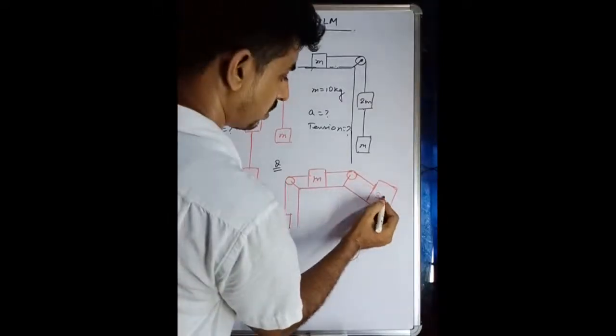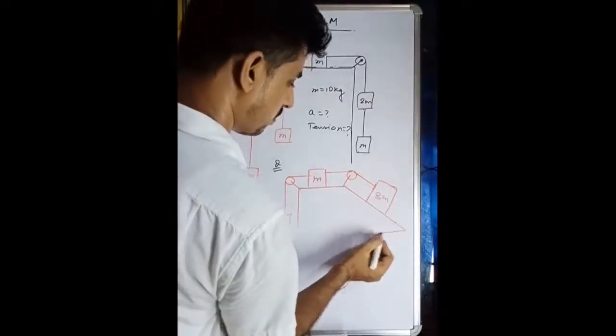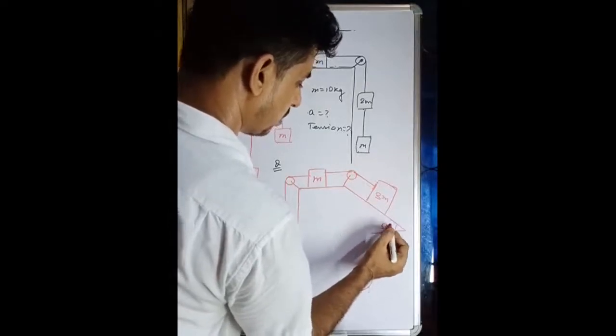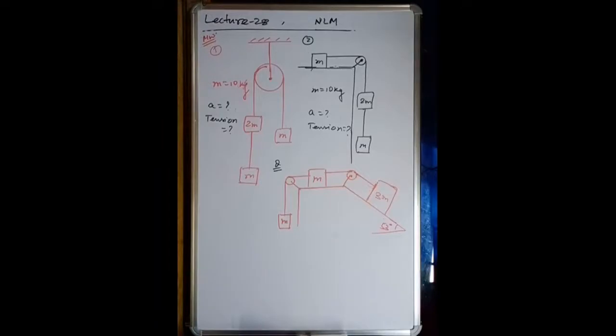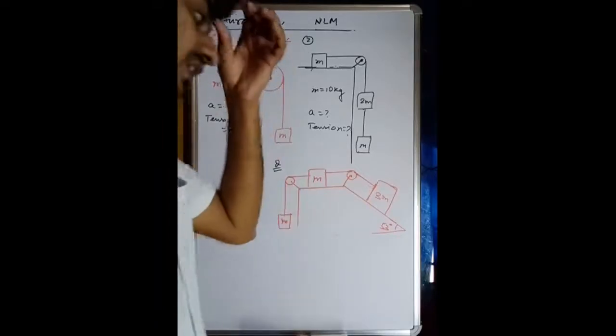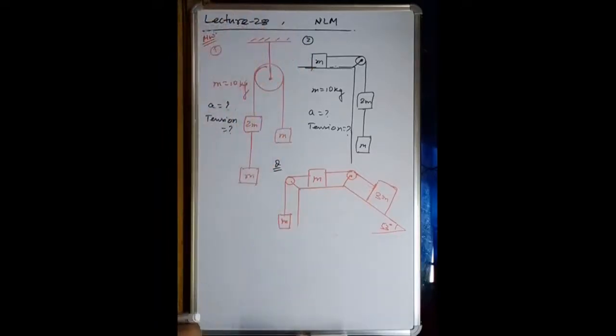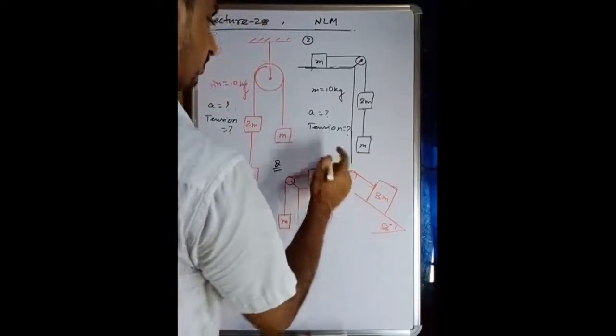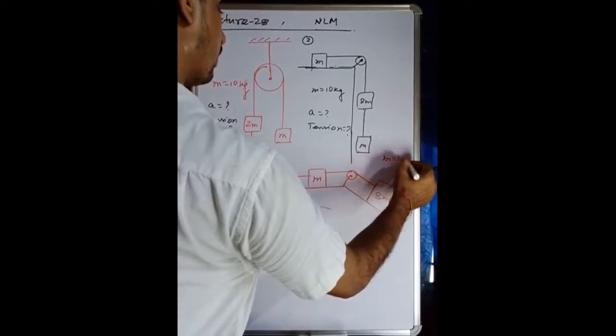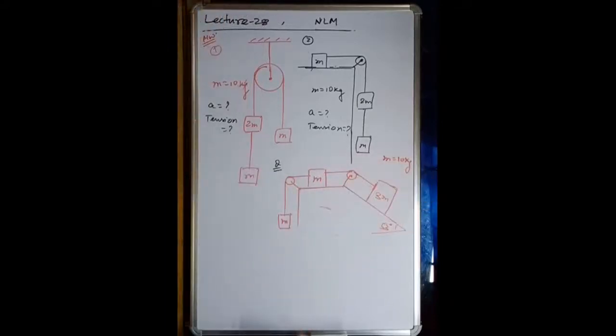M, 3m, the angle is 53 degrees. The question: you have to find the acceleration and tension in each string if m is 10 kg. I'm giving you 10 kg for m.